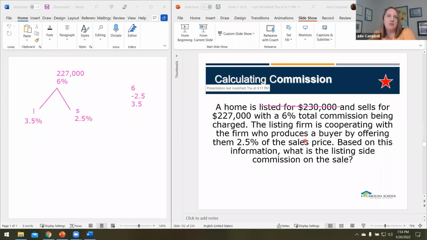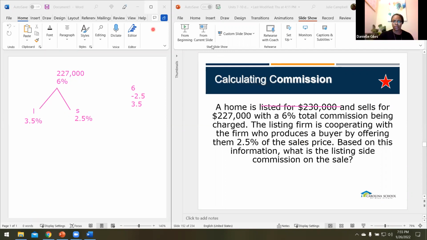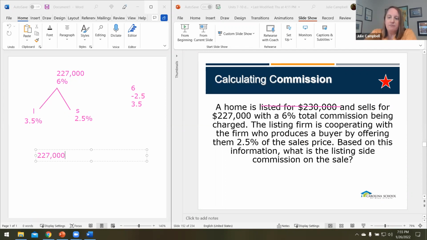Remember what the word of means in a math problem? What does the word of mean in a math problem? Multiply. So our sales price is 227,000 of 3.5%. Julie says the rate or percent always goes in the bottom right.